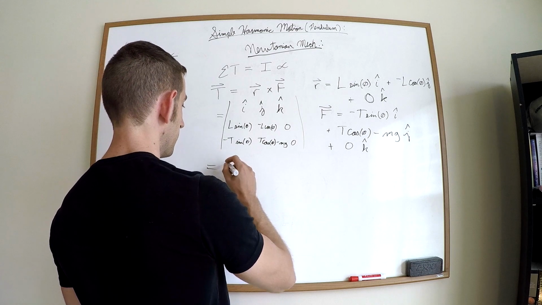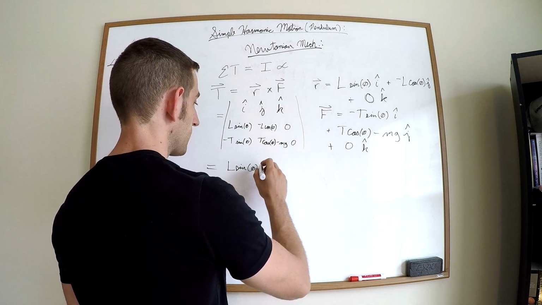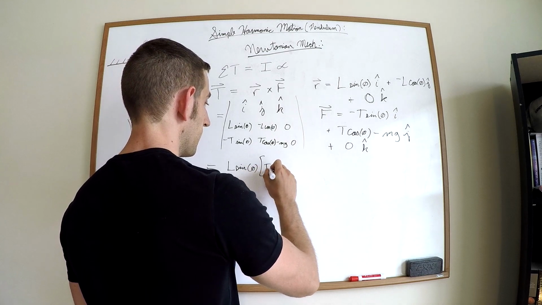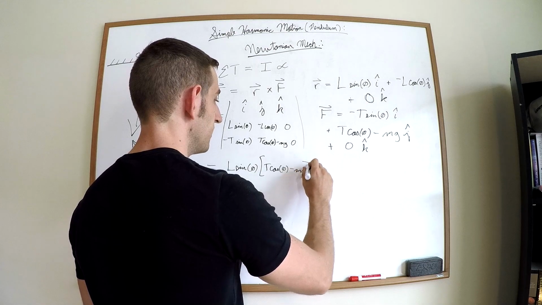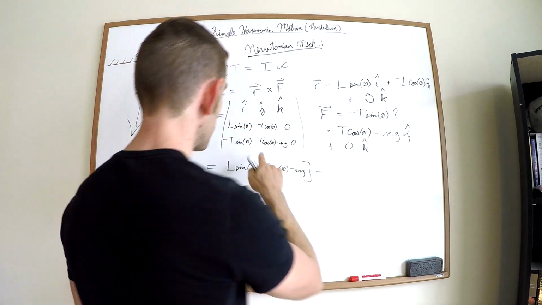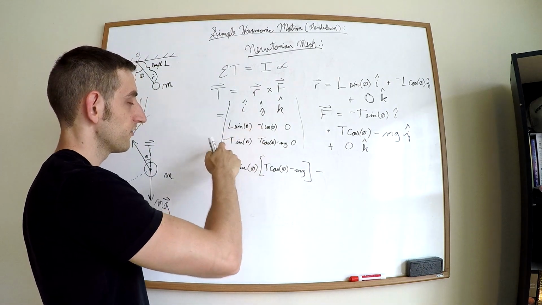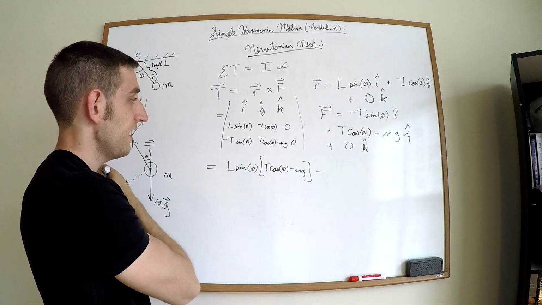We have L sine theta times T cosine theta minus mg... Let's back up a bit to what I'm doing. I'm doing this times that minus that times that.